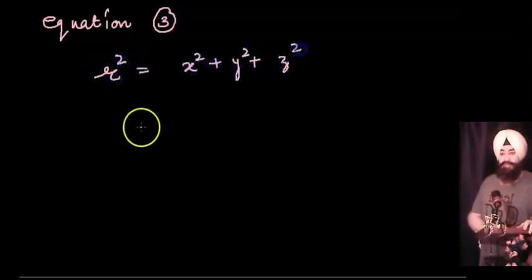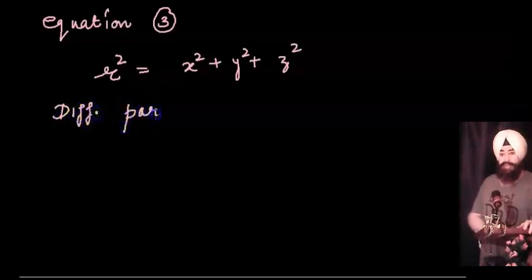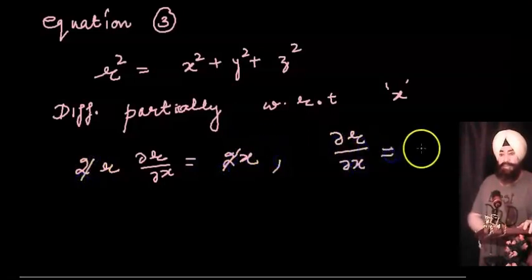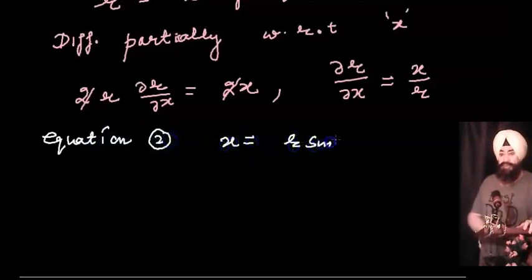Now equation 3 was x square plus y square plus z square equals r square. Differentiating partially with respect to x only. So 2r curly r by curly x is equal to 2x. Curly r by curly x becomes x upon r. Now equation 2 was x equals r sin theta cos phi.